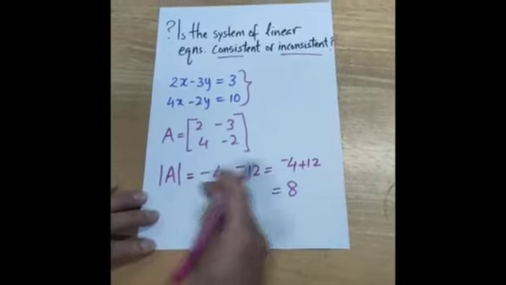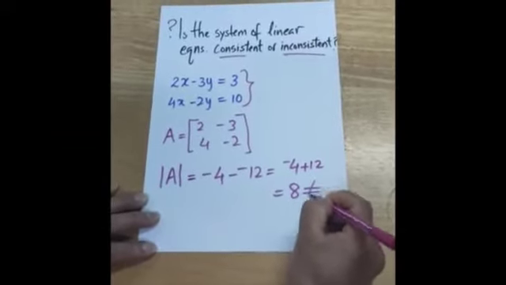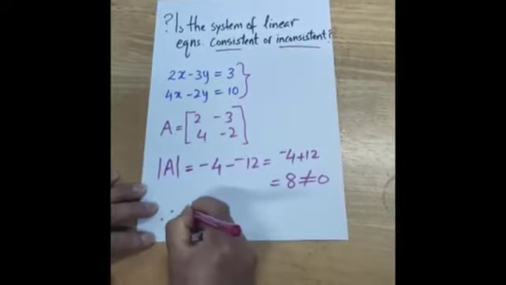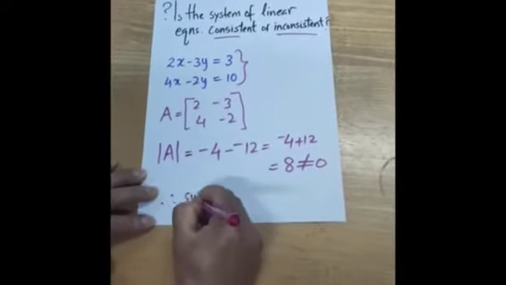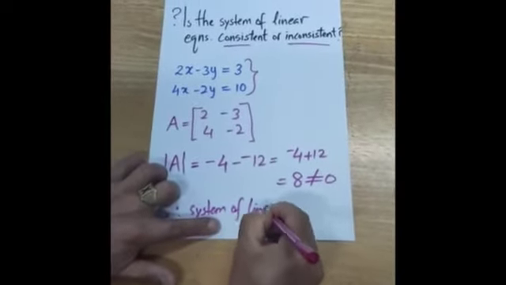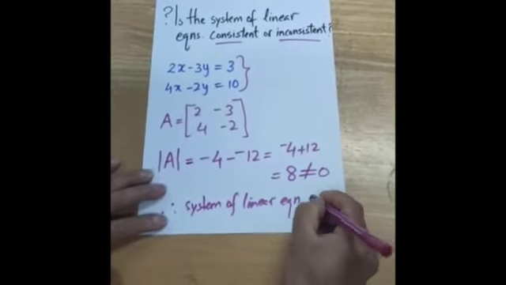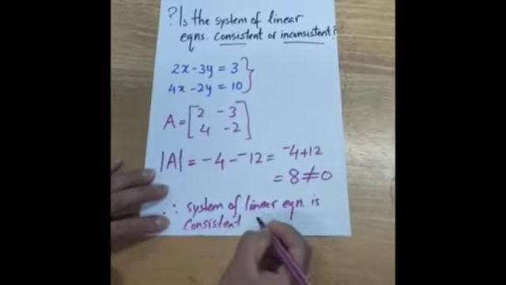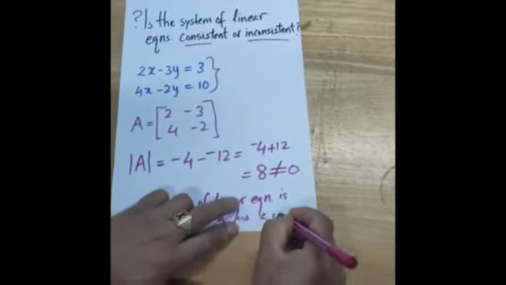In this case, our determinant of coefficient matrix A is not equal to 0. Therefore, we can say that this given system of linear equation is consistent and has a unique solution.